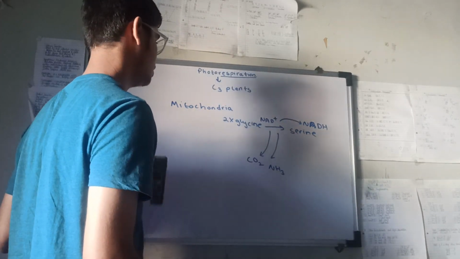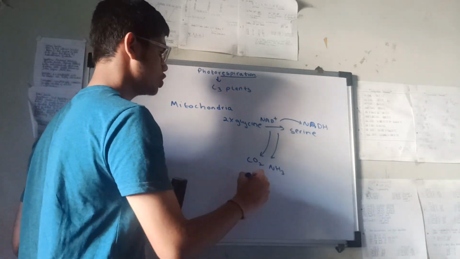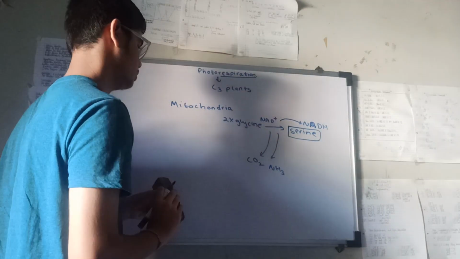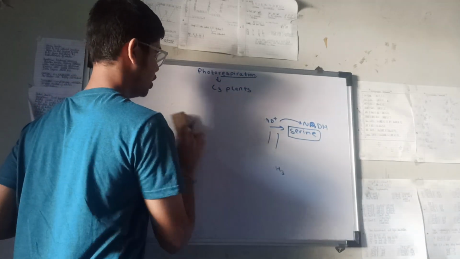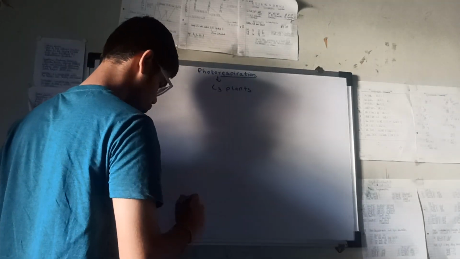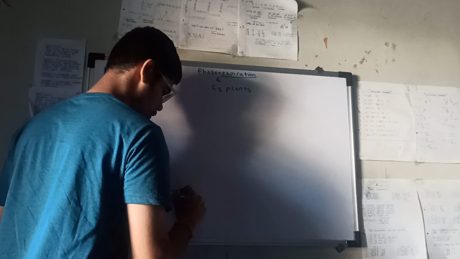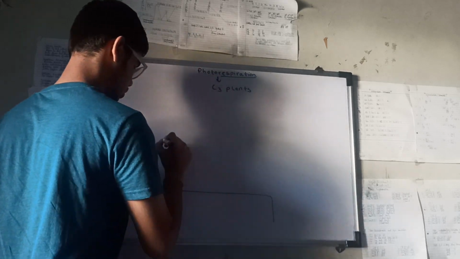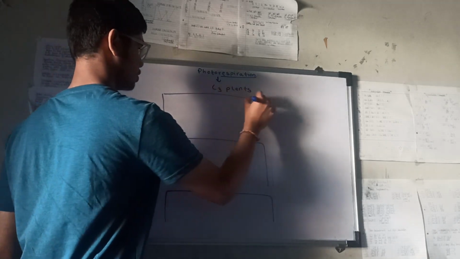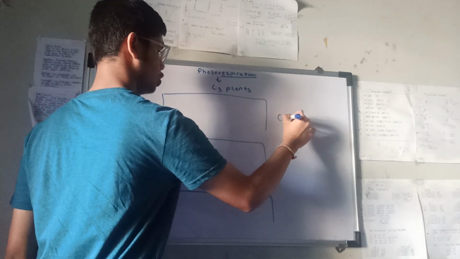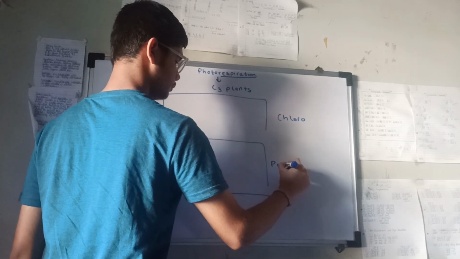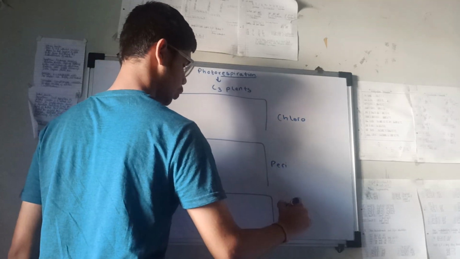Now there will be a reverse process. Box the serine. I am drawing now all the 3 organelles in line. Down here it is the mitochondria, here is the peroxisome, and here is the chloroplast. I am denoting it short, chloro and mito.